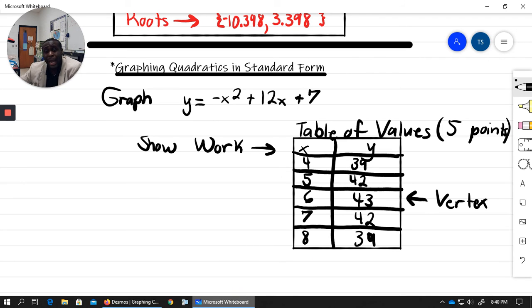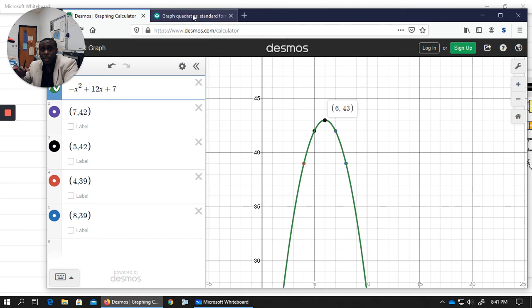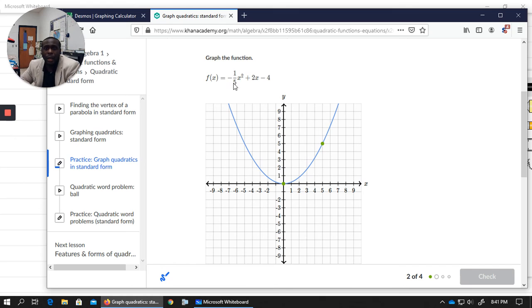Now, on Khan Academy, what you're going to have to do is, let's go to that Khan Academy so I can show you. Now, of course, guys, this is not the same example that I've just shown you. So again, I'm just going to show you what you would have to do on Khan Academy. You can see here on Khan Academy where it shows you 2 points.